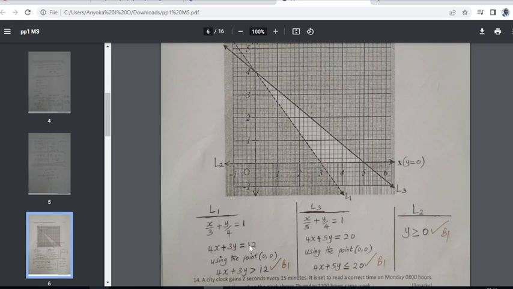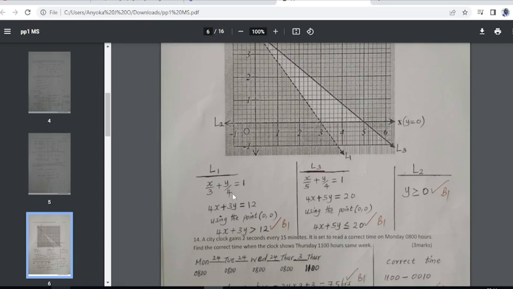We write the equation in double intercept form: x over a plus y over b is equal to 1, where a is the x-intercept and b is the y-intercept. So x over 3 plus y over 4 is equal to 1. Multiply by the LCM 12 all through, we get 4x plus 3y is equal to 12.